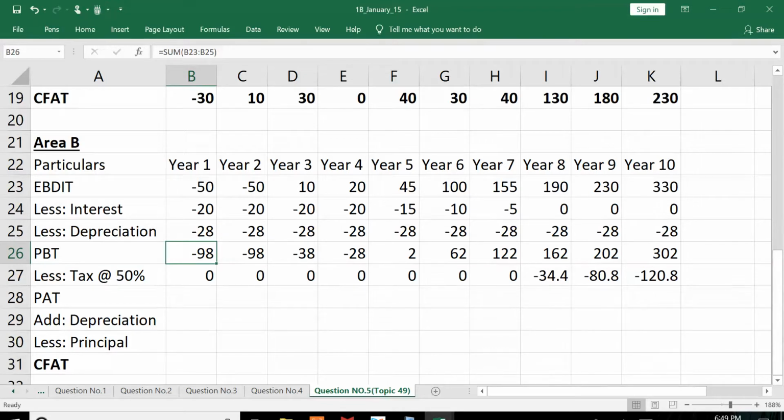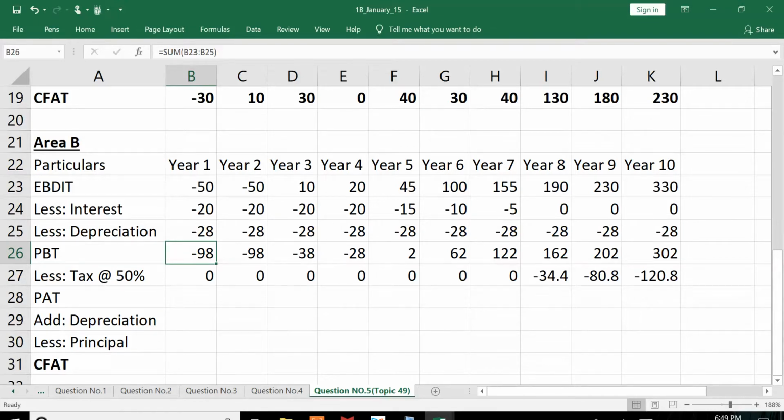But in case I reduce 20%, from year 8 I'm paying tax. Correct. The years 1, 2, 3, 4 also would have reduced your PBT, no? You will have to add it back again.